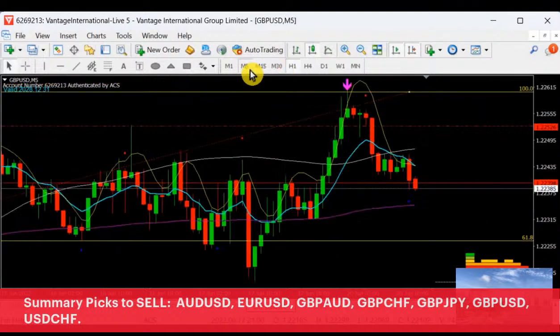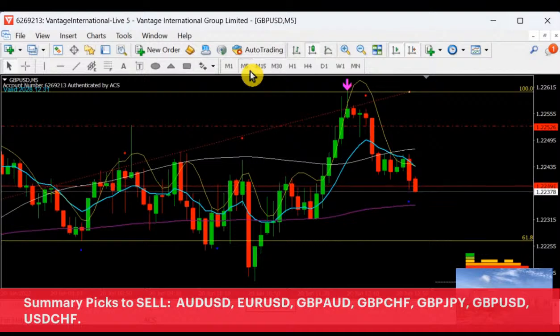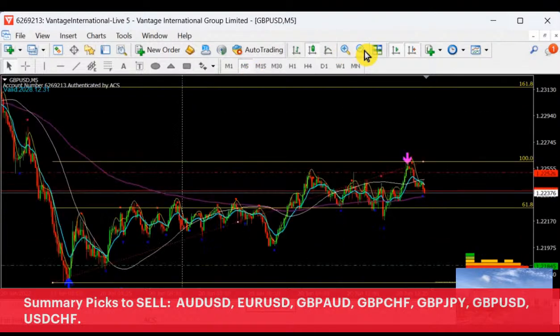Correct, that's right. At this point, it should be creating, I would say, this lower. Yes, this is another range coming.